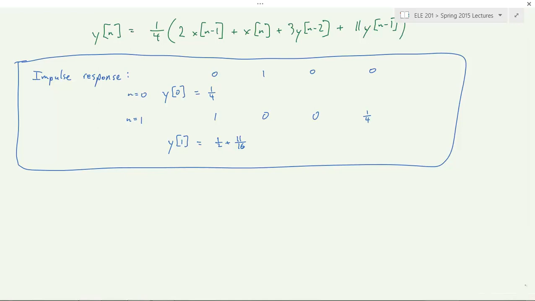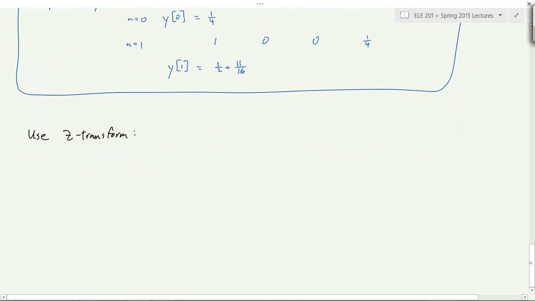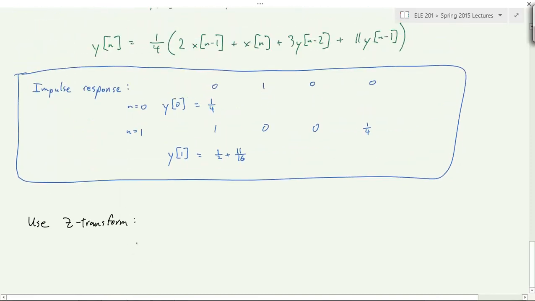Yeah. So let's now jump to what we wanted, which is the z transform of this. So now let's use the z transform. We take our above difference equation, and we just plug it into the z transform formula we have, and we get that H of z, which is Y of z over X of z, is going to be, and of course we would need to collect the terms together.